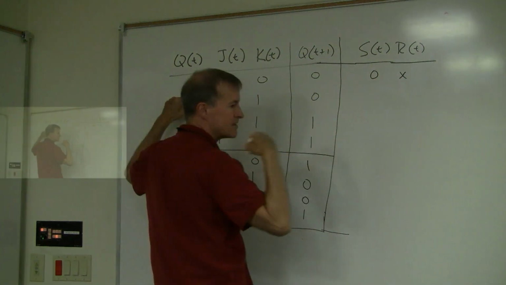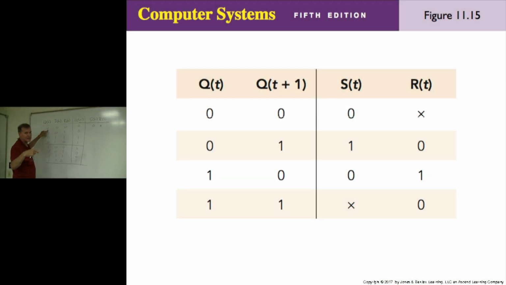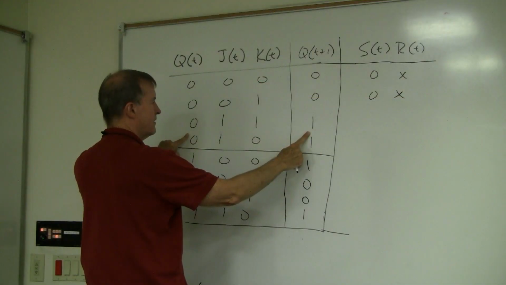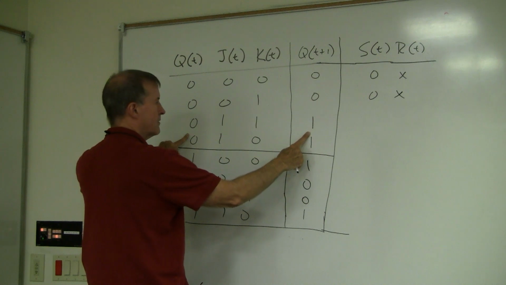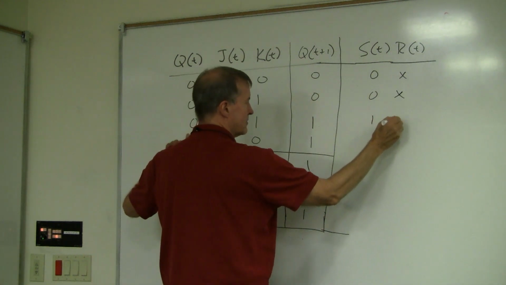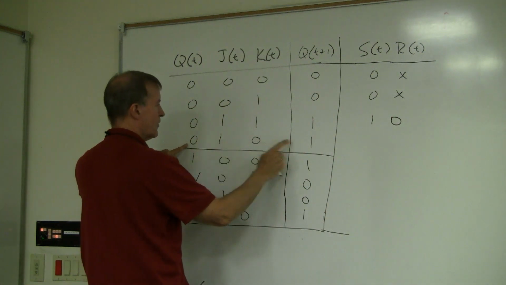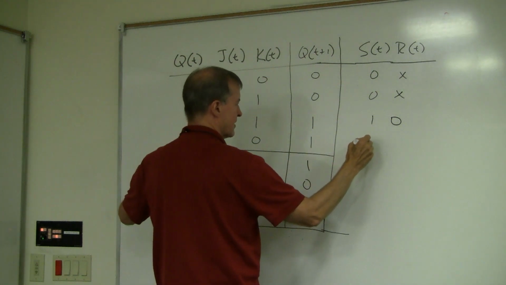Now we could just look at that table and read off. So what was the 0, 0? That's another 0x, right? And what was 0, 1? That's just a set, so that's 1, 0.